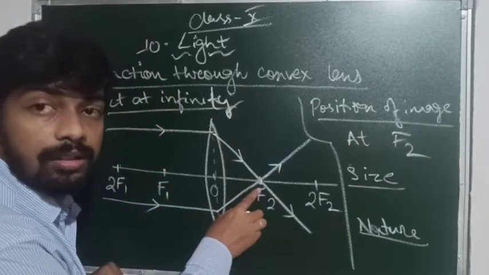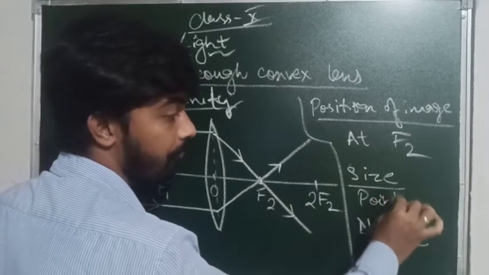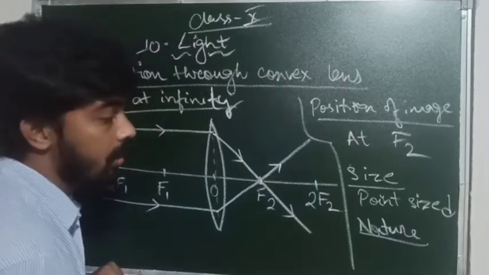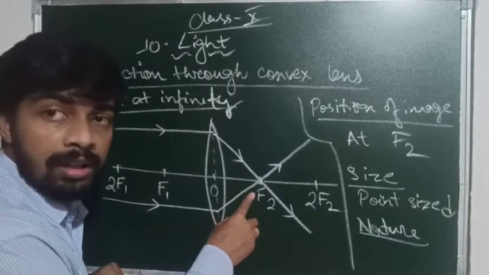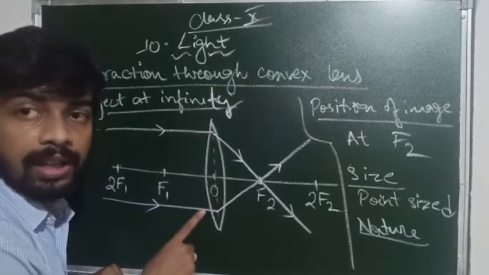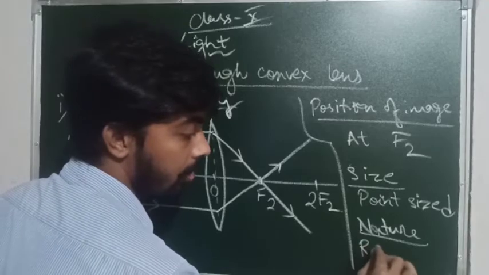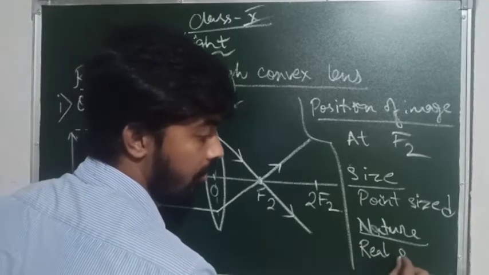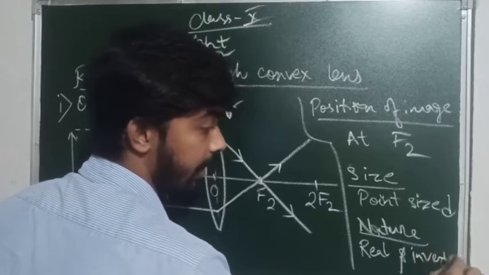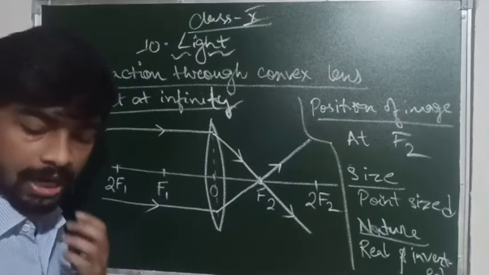Size, it is a dot point size. And nature, in this case the image is real and inverted. As you can see, the upper rays are going below and the ray in the lower part is going up. So nature, real and inverted.